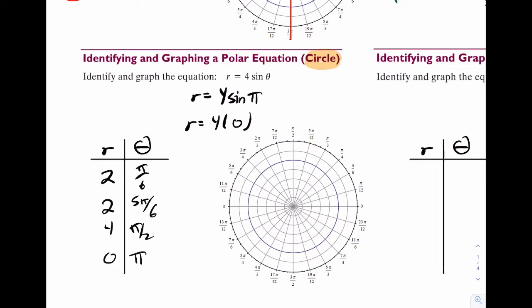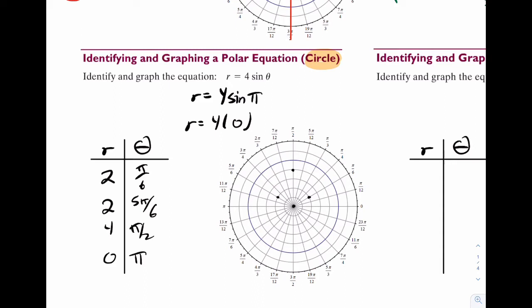So let's graph that. 2, pi over 6, that would be right here. And then 2, 5 pi over 6, that's right there. 4, pi over 2, that's right here. And then 0, pi is the origin point, that's right there.